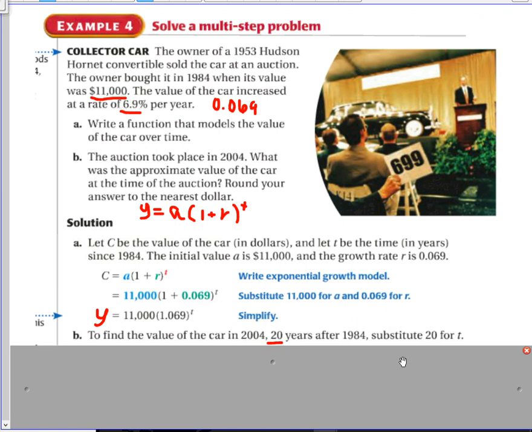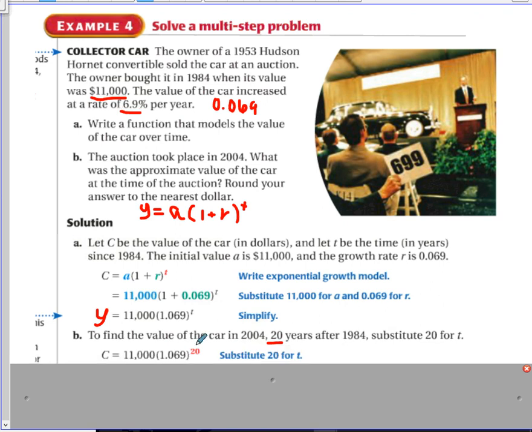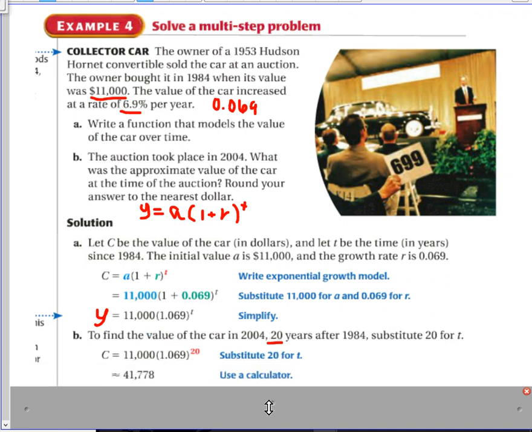So 20 is going to go in for my t, and then I'm just going to solve. First I'm going to do 1.069 to the 20th power. If you're typing this into the calculator, it's really important that you figure out this first and then multiply it by 11,000. And then your answer will come out correctly.